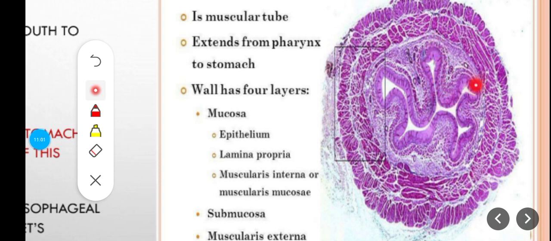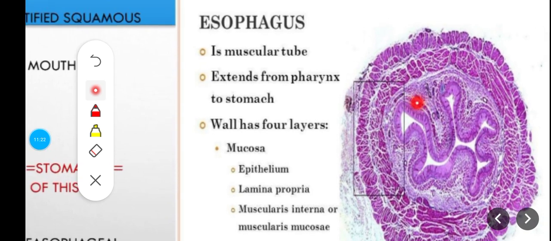Like I said, I encourage you to watch our earlier videos on epithelium, connective tissues, and so on, as it will enable you to understand these videos better. So this is the epithelium.